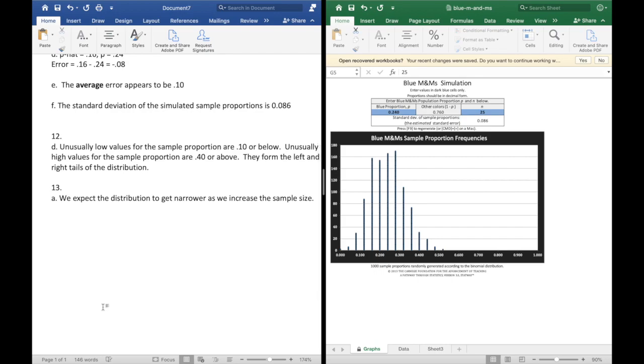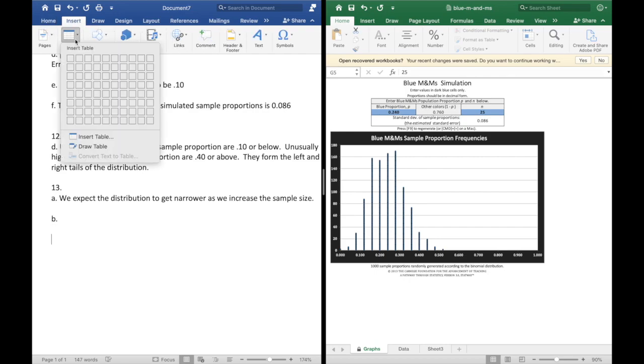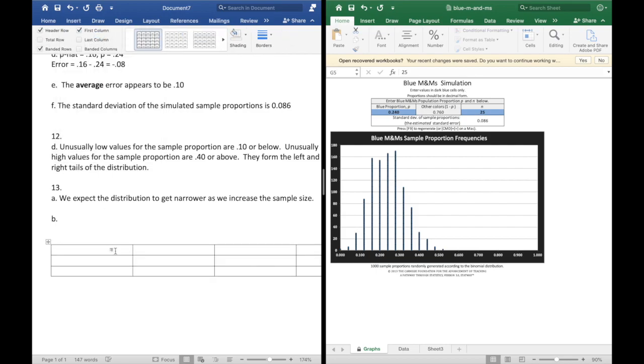So here's what I'm going to do. I'm actually going to create a table here. This is for part B of number 13. I want to create a table because I want to use the simulation and do this all in the same window. So this is going to be a 3x4 table, like this.